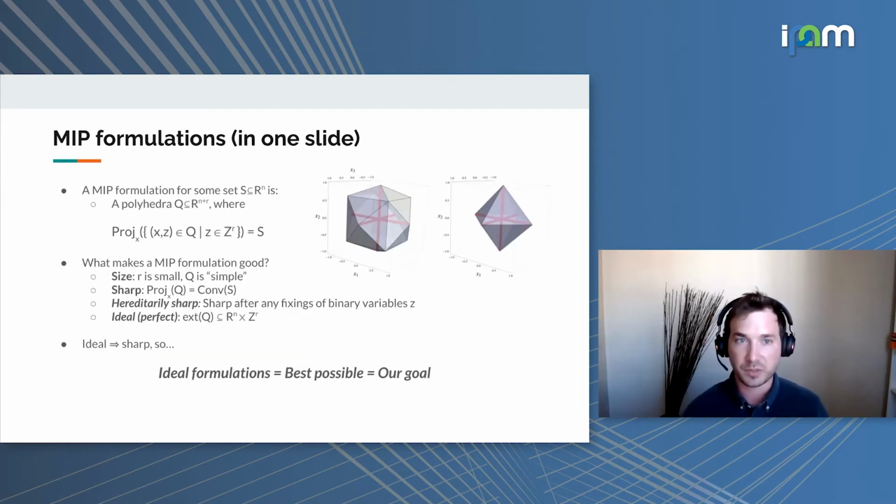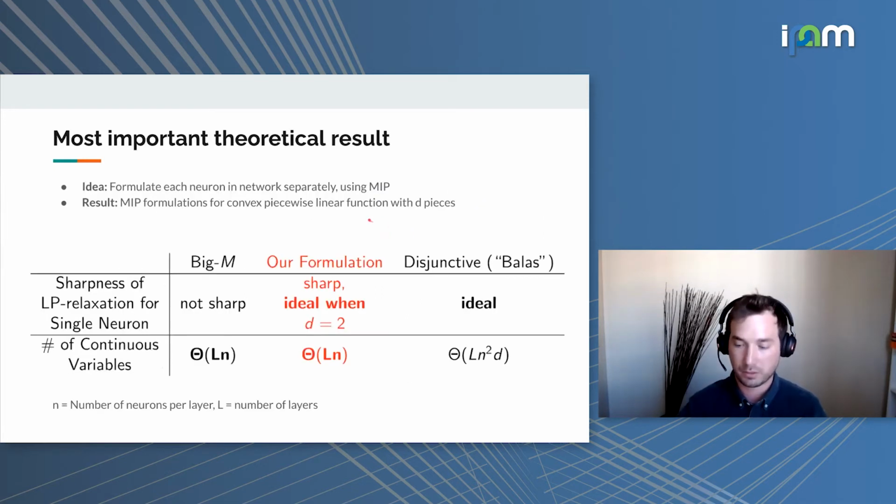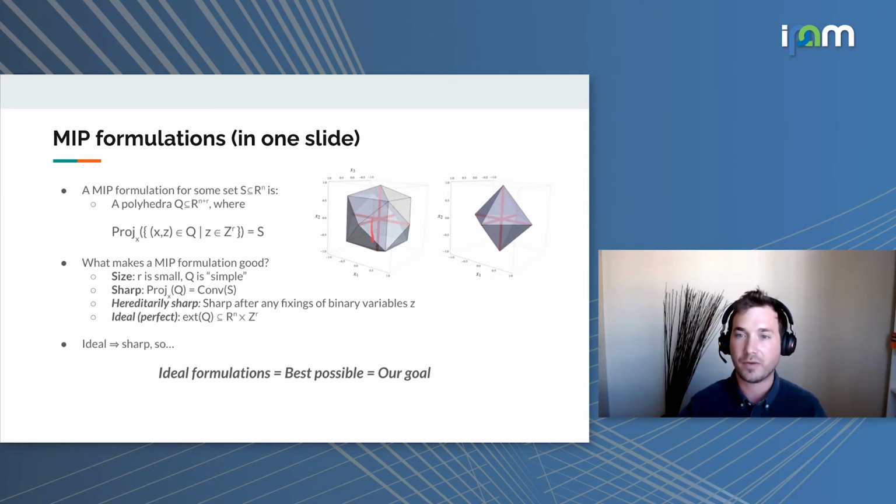I'm also going to give you some background on mixed integer programming, mostly so we have some terminology for understanding the contributions of this work. Mixed integer programming is really a framework for modeling non-convex things in optimization problems. Imagine that we want to model this set of 3 red lines, this non-convex set. We can introduce auxiliary variables, and then build a polyhedron in this extended space.